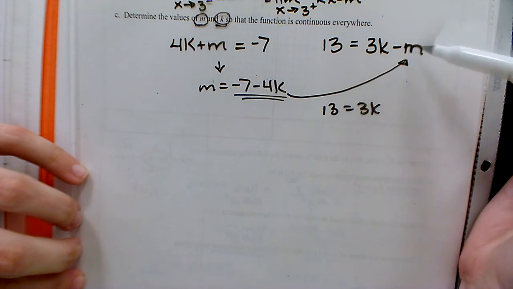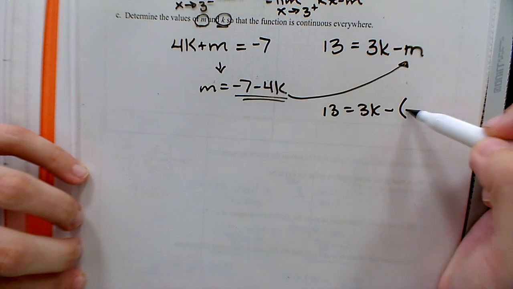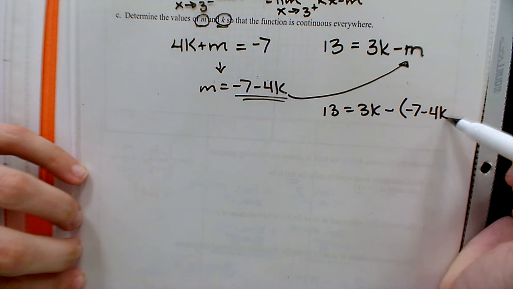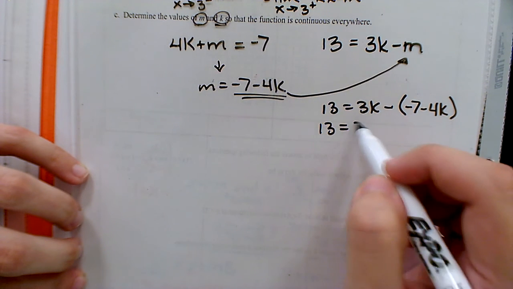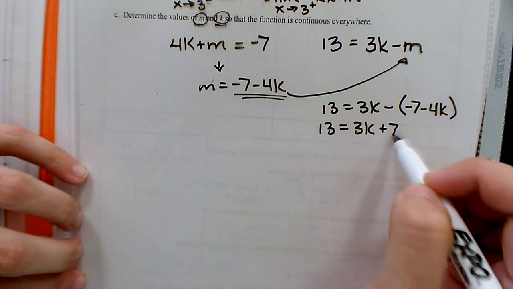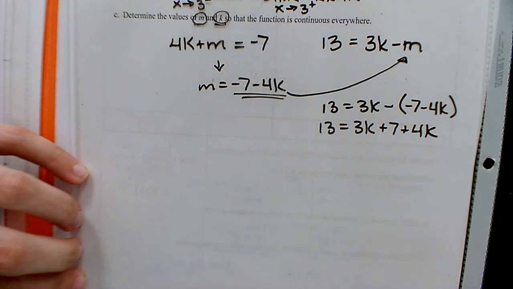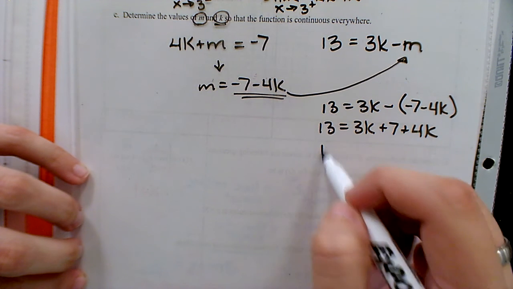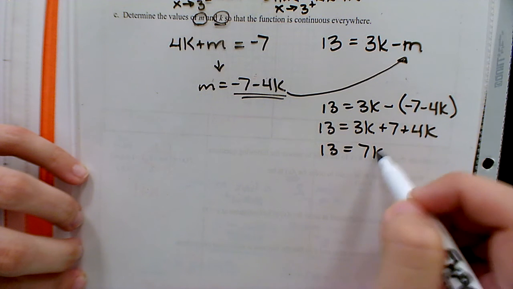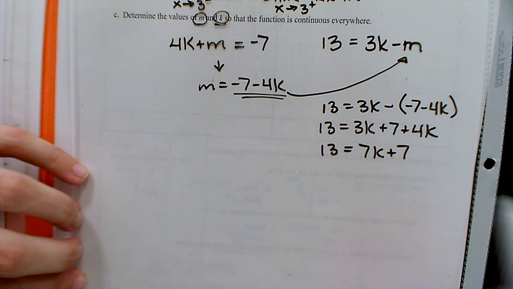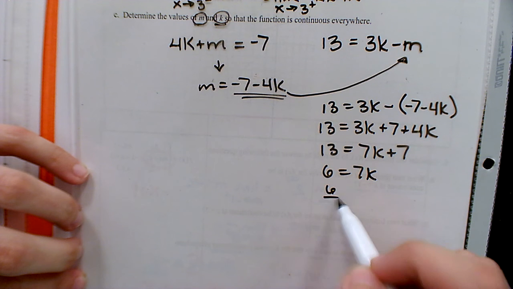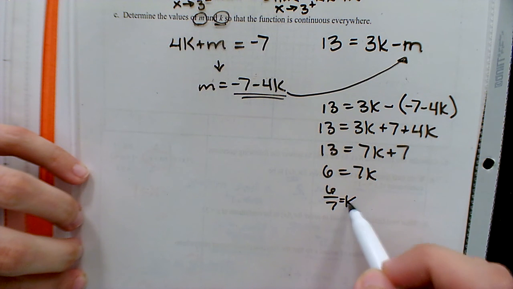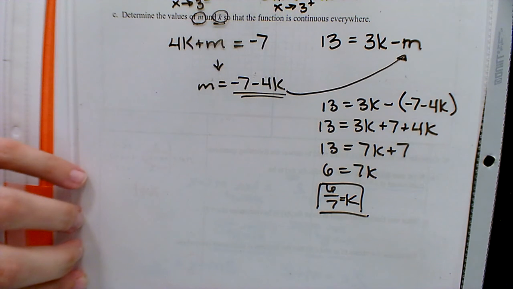Now what's tricky with this is you are subtracting m, so you have to subtract all of that you're plugging in, because we'd have to distribute that negative through, which would affect all the signs. So it looks like we have 7k plus 7. Subtract the 7 over, we'd get 6. Divide by 7, we get 6/7. Okay, same k value from before.